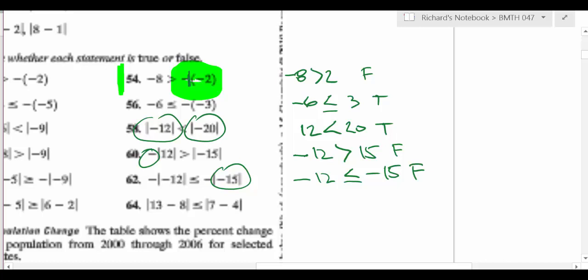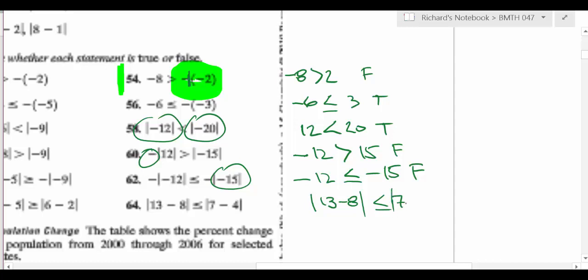Now I have an interesting question. The absolute value sign is acting as a grouping symbol, so I'm going to evaluate what's in the absolute value sign first. Let me write down the entire question to make it clear: the absolute value of 13 minus 8, less than or equal to the absolute value of 7 minus 4.